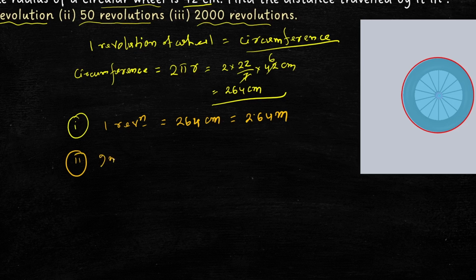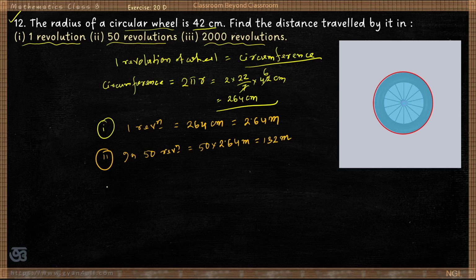Number 2, in 50 revolutions, distance is equal to 50 multiplied by distance traveled in 1 revolution, that is equal to 2.64 meter, and this is equal to 132 meter in 50 revolutions.